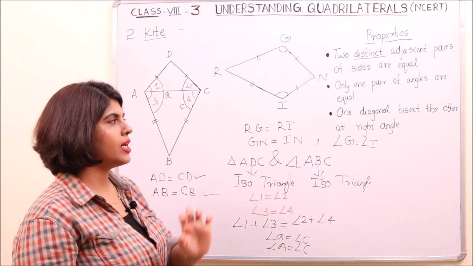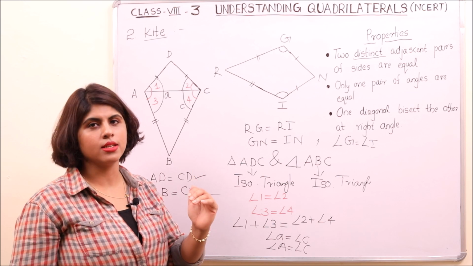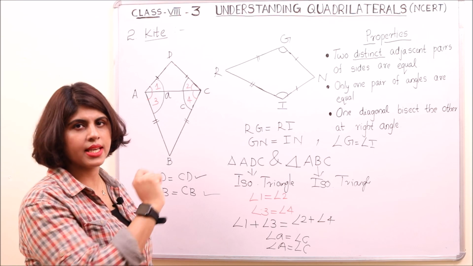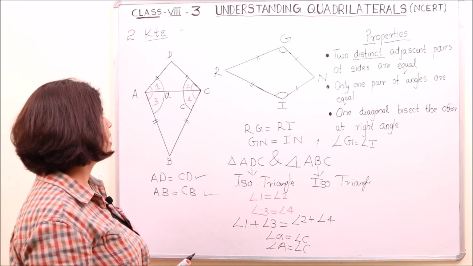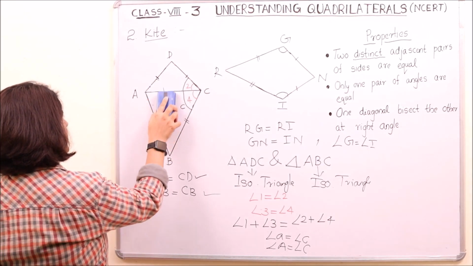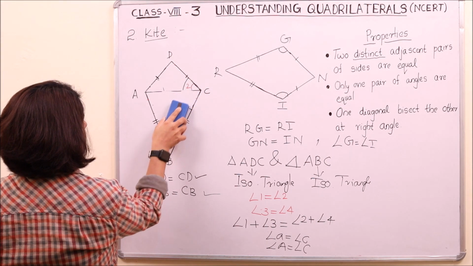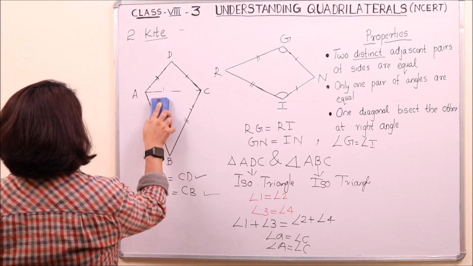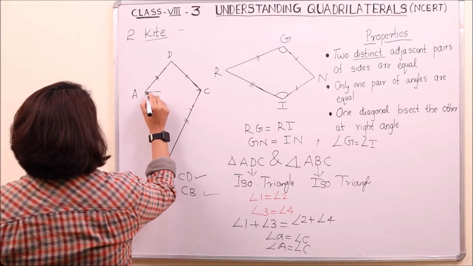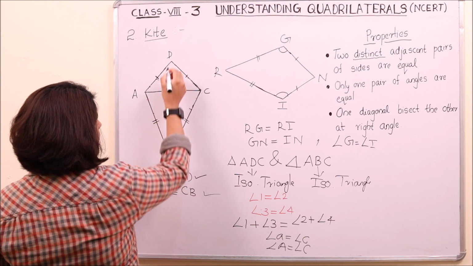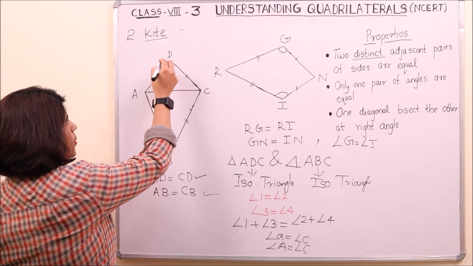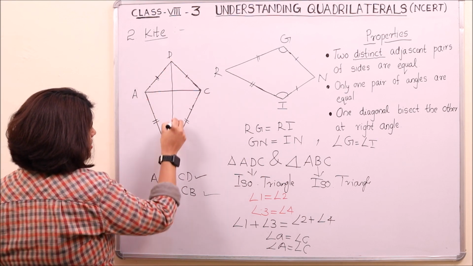That is, in a quadrilateral there are two diagonals, right? Here we have considered one diagonal, that is AC, right? And which is the other diagonal? Okay, AC is one of the diagonals, and if we are considering another diagonal, because B and D are non-adjacent vertices, we can consider another diagonal.